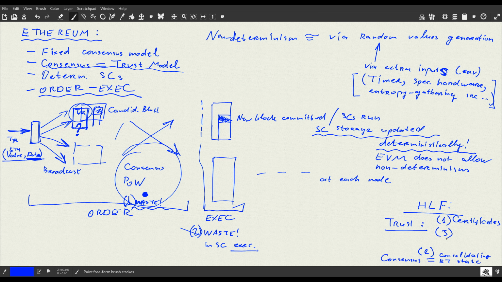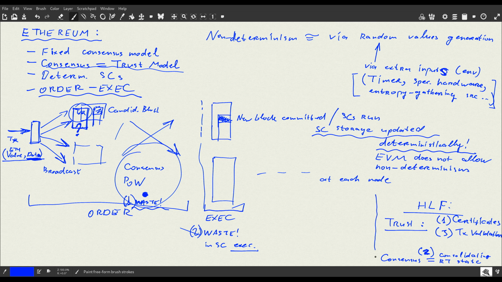And there are also other means of trust in Hyperledger, which is precisely the mechanism for transaction validation, so-called validation nodes and transaction validation, which we'll see shortly. So consensus is not a primary means of achieving trust in HLF. So trust is a much more complex thing in that case.